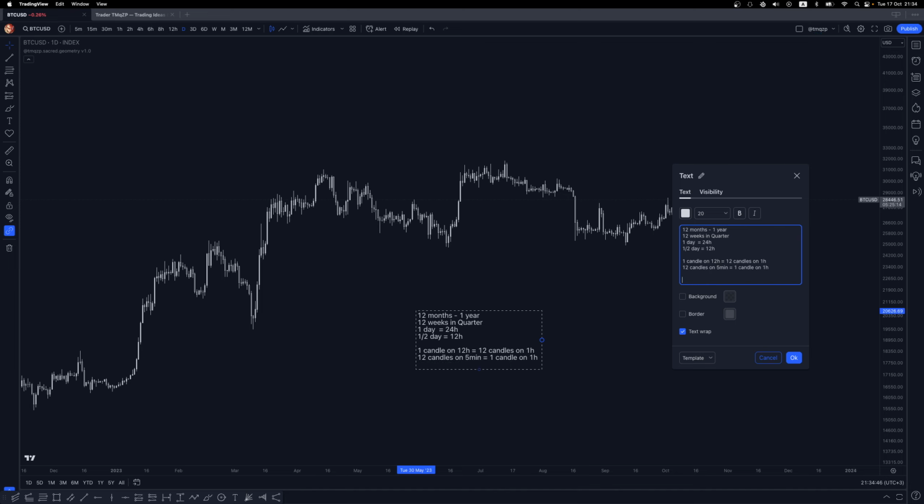Because if you divide 1 hour, which equals 60 minutes, by 12, it gives you 5. So there's a nice correlation in terms of the number 12.